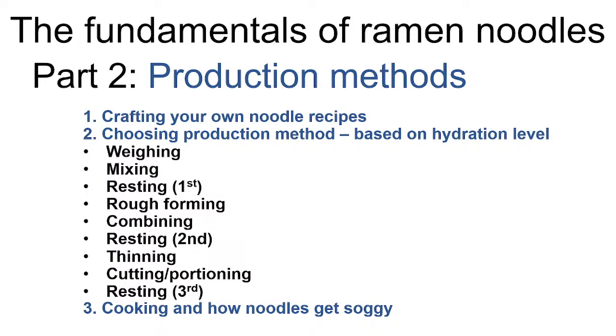Then we're gonna go through each process of our noodle production, and lastly, we're gonna talk about how to cook noodles, and how noodles get soggy, to understand how we can deliver the perfect noodle texture to our customers.